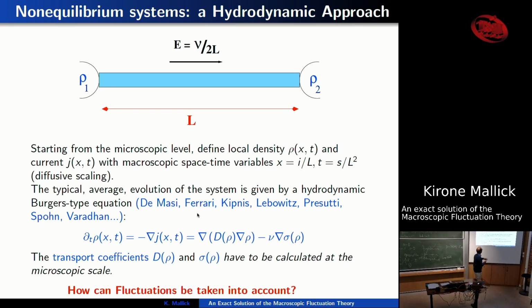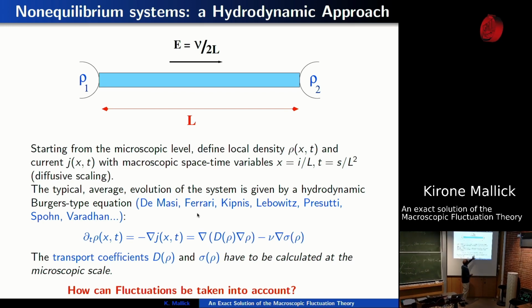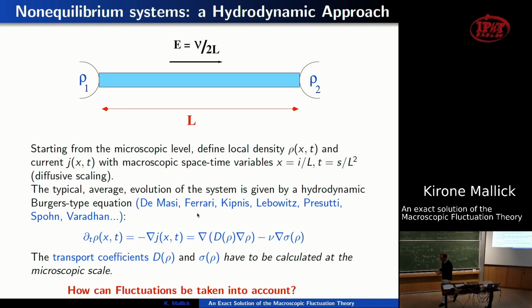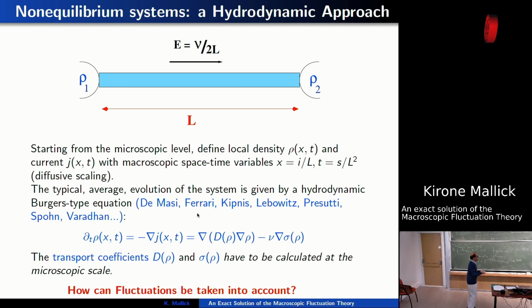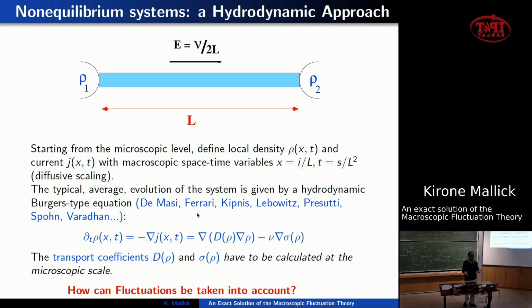By the way, in this type of equation, you have the diffusion constant and the conductivity, D and sigma, that appear. These transport coefficients are data that you have to import from the microscopic scale. You cannot get them from macroscopic considerations only.